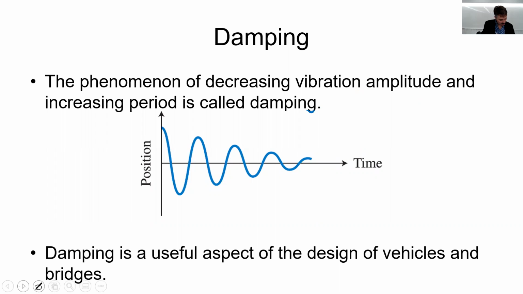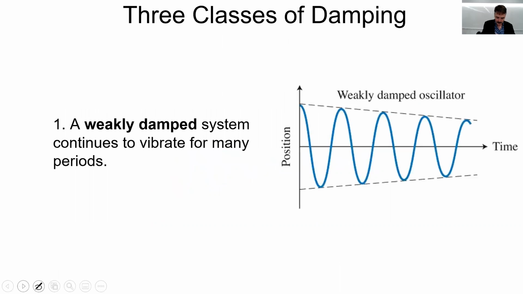So it's important in real life. There are actually three different classes of damping. A weakly damped system is one that continues to vibrate for many periods. These dashed lines right here are called the envelope.